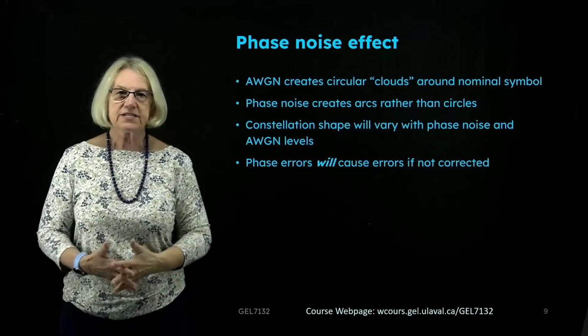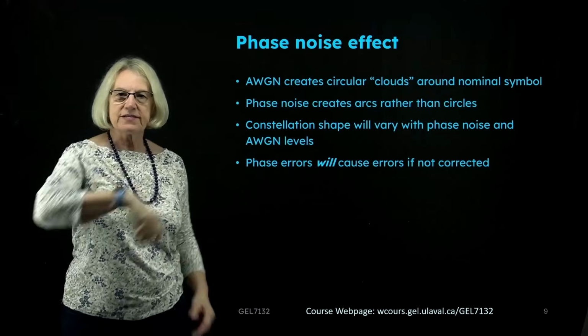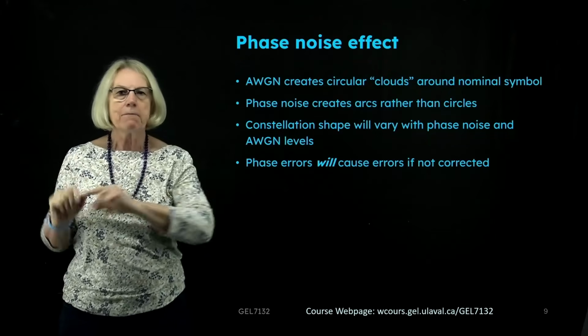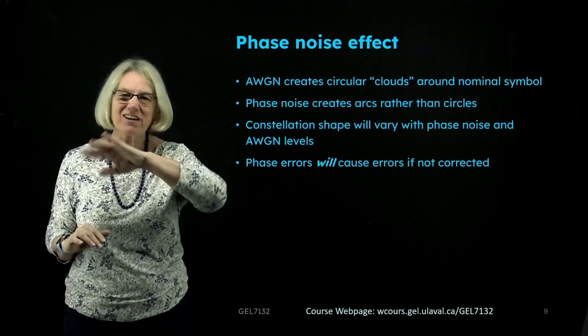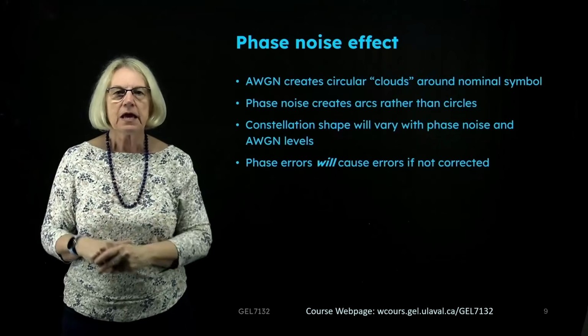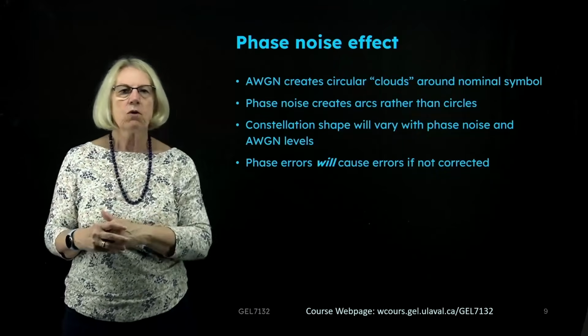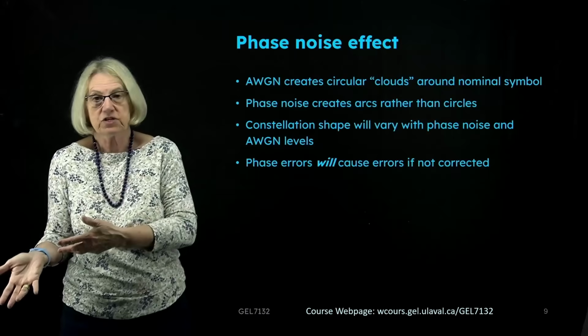So in discussing laser phase noise, we can say that, first of all, additive white Gaussian noise creates something that looks like circular clouds around the nominal symbol. But when I get laser phase noise, it creates arcs instead of these circles. So it's something that's very characteristic. Now, if I look at the constellation, this arced shape will vary depending on how much phase noise I have and how much additive white Gaussian noise I have.